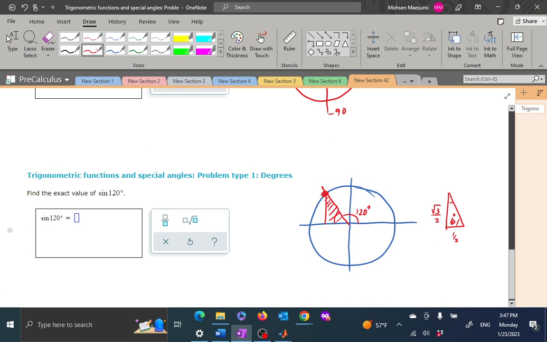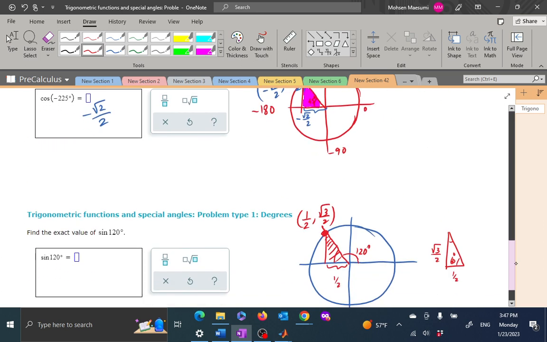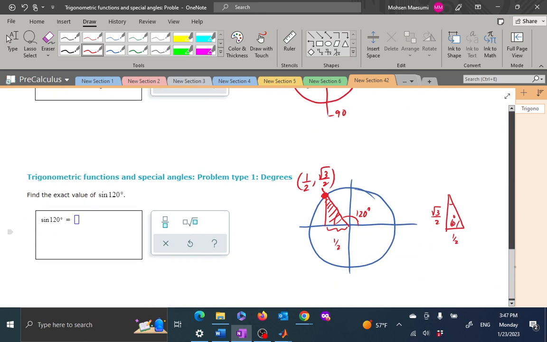So the coordinate of this is 1/2 and radical 3 over 2. What is sine? Remember we said sine is the y coordinate. The second coordinate is the sine. So this becomes radical 3 over 2.